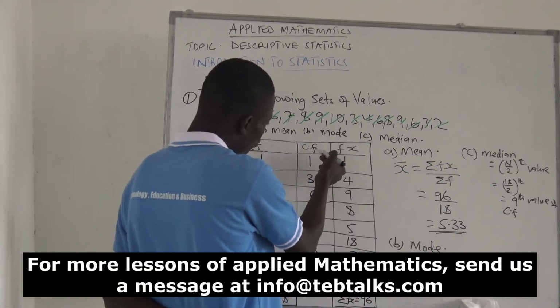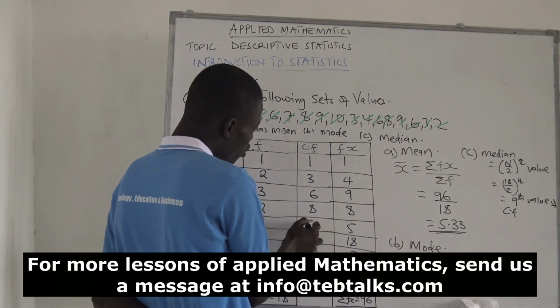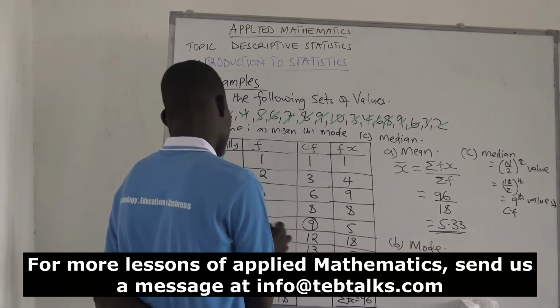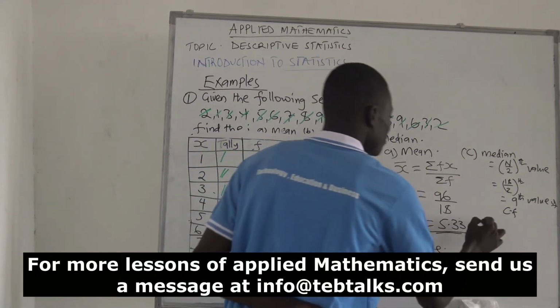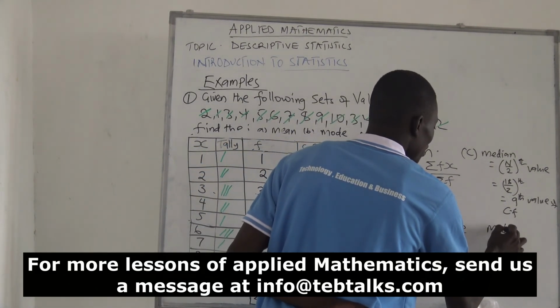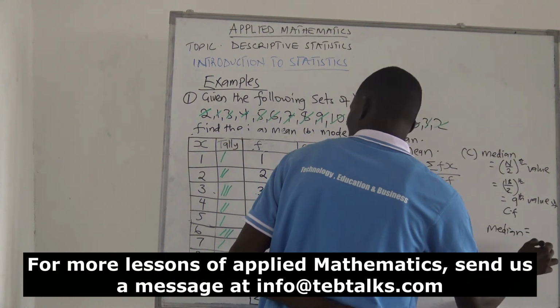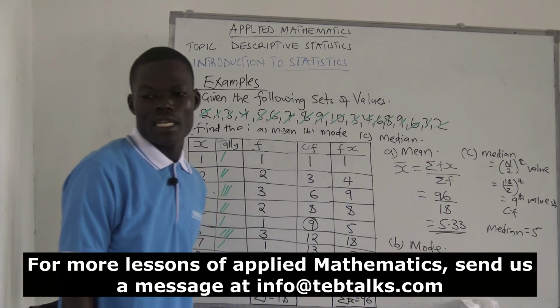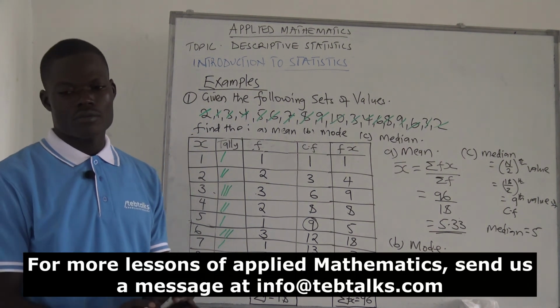If you come to the cumulative frequency, where is 9 going? It has no remainder. It is going in this one. So our median becomes 5.